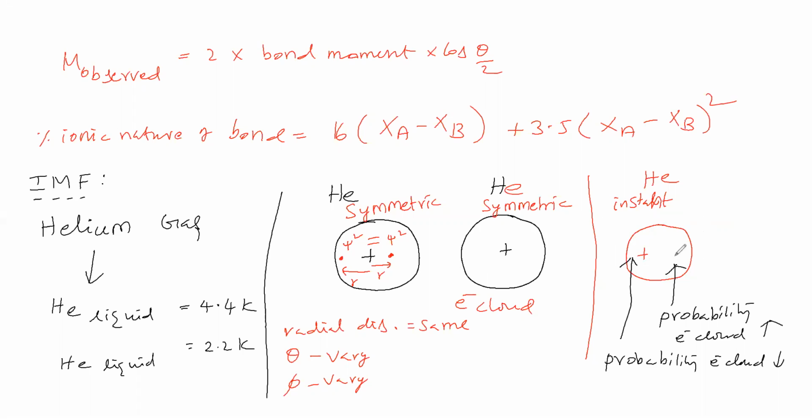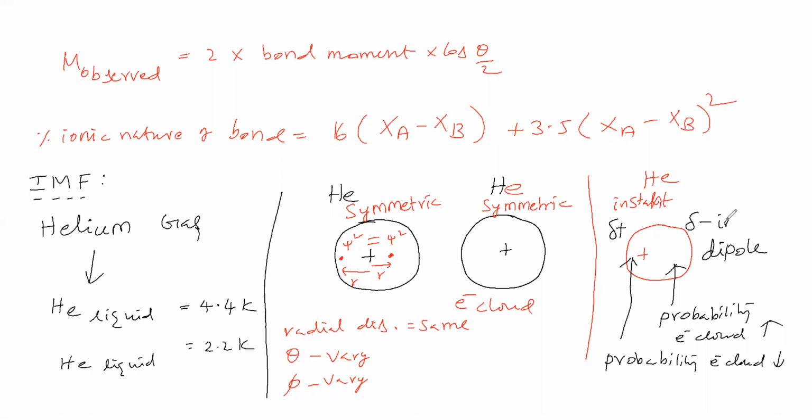This side has a high electron cloud probability, so it gets a partial negative charge; this side has a lower probability of electron cloud, so it gets a partial positive charge. Now for this helium, though it has a 1s2 configuration, symmetric and spherical, it also has one end as a positive pole and the other end as a negative pole, therefore it is called a dipole.